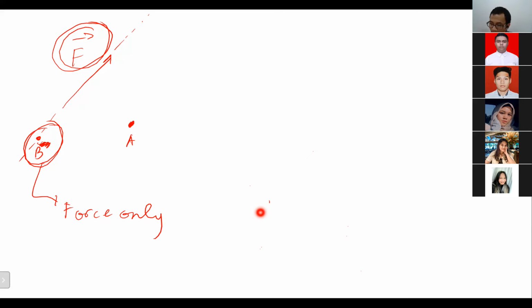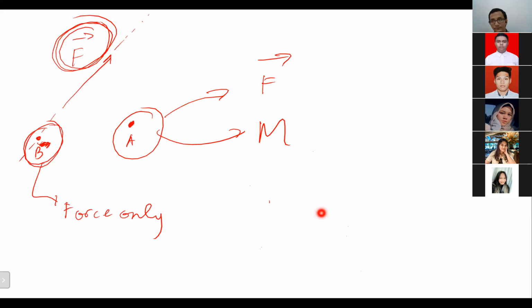The first is the force itself will have the same effect at point A. But beside that, there will be a moment as well, because there is a perpendicular distance between point A and force F. This one. Do you get it? Yes, Pak. That's one thing.